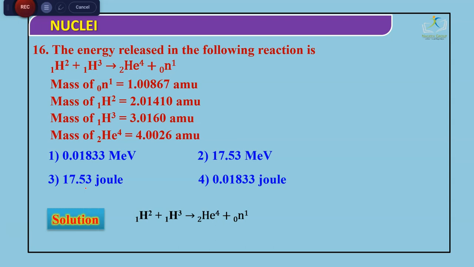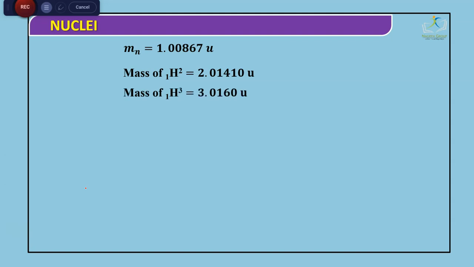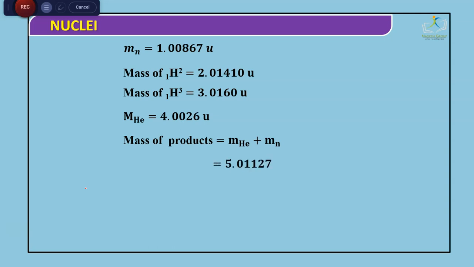1H2 plus 1H3 gives 2He4 plus 0N1. So the mass of the neutron is 1.00867 u, the mass of 1H2 is 2.01410 u, the mass of 1H3 is 3.0160 u, and the mass of the product is the mass of the helium plus the mass of the neutron, which gives 5.01127.